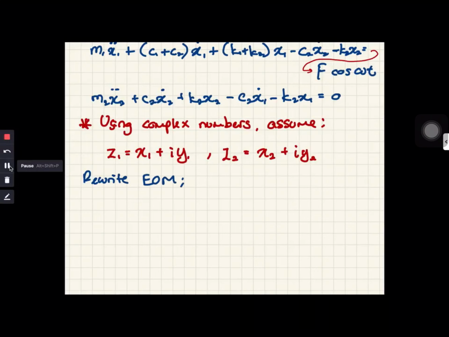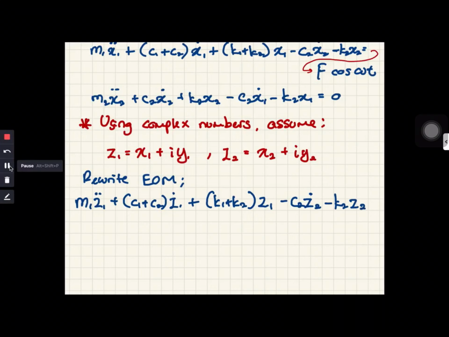The first equation of motion will have m1 z1 double dot plus c1 plus c2 z1 dot plus k1 plus k2 z1 minus c2 z2 dot and minus k2 z2.